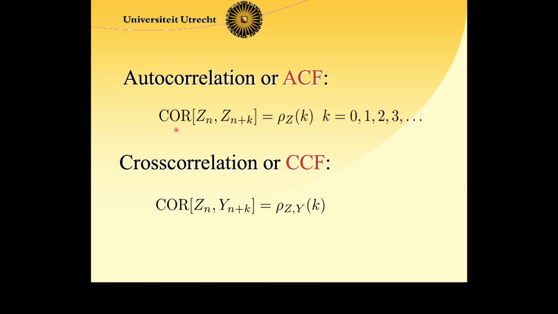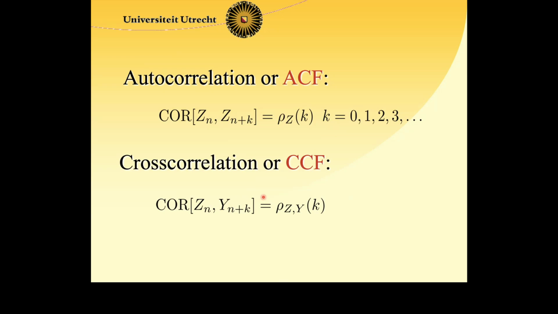But we can also have the cross-correlation function, which is when we have 2 variables. This can, for instance, be the time series of discharge with 2 different time steps, and this may be the correlation between precipitation at n and the discharge k time steps further down. So we can also have the cross-correlation function.